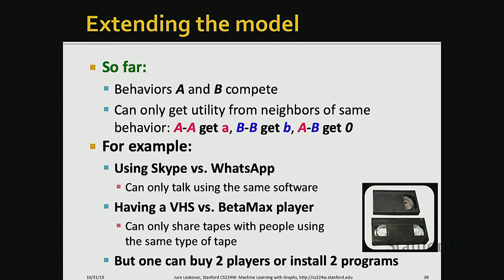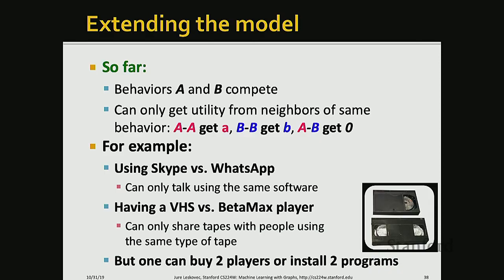For instance, in the case of communication software, you can decide to install Skype, WhatsApp, or all the other 100 messaging systems that come on mobile phones today. This only comes with a small hindrance of possibly using more memory on your phone. So it's seen very often that people use multiple apps.